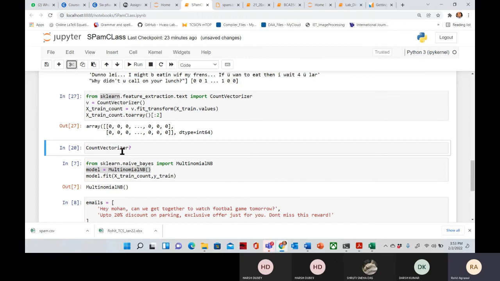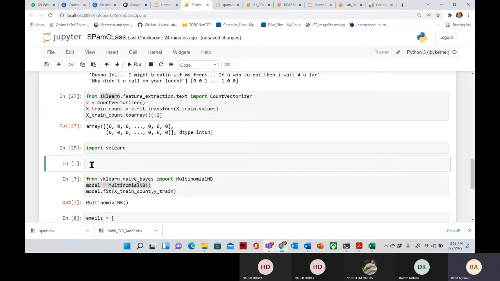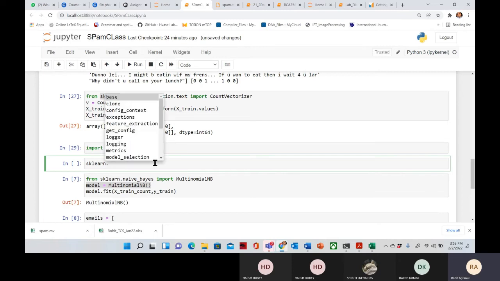If you want to see, I will show you that. Import sklearn. Okay, see, now we have imported sklearn. I will show you the available things in sklearn. See here, feature extractor is there.